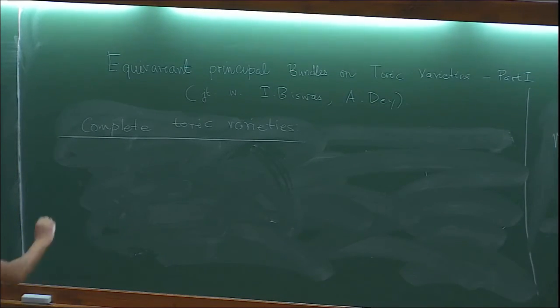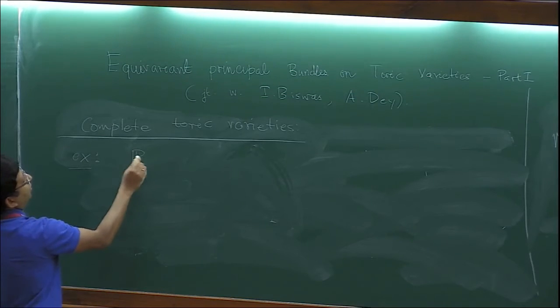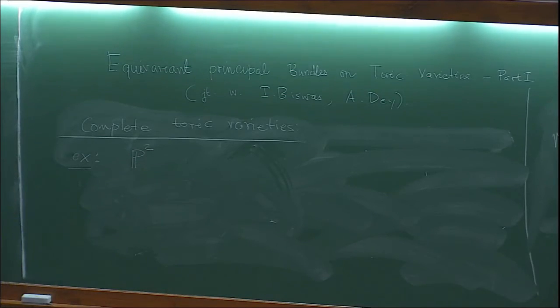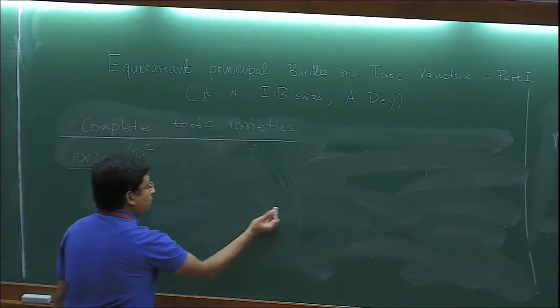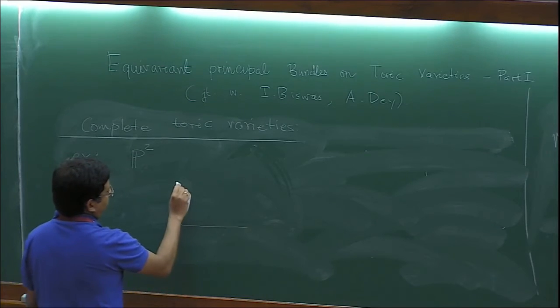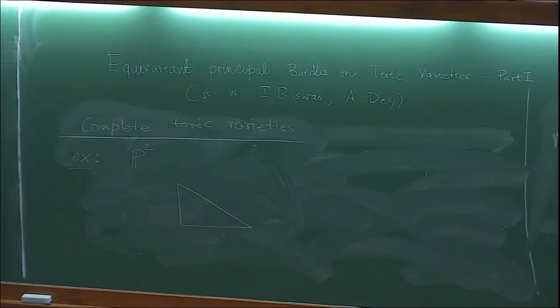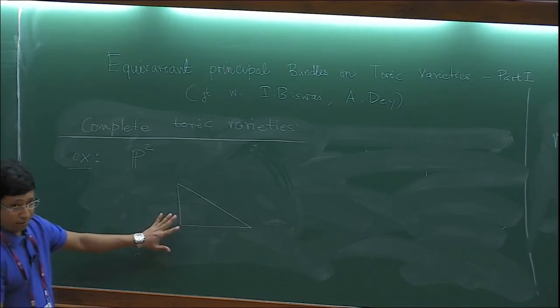So, one of the quintessential examples is, say, projective space. You can even think of, say, P2. And for P2, there is a nice polytope picture for such projective toric varieties. This picture is very well known.